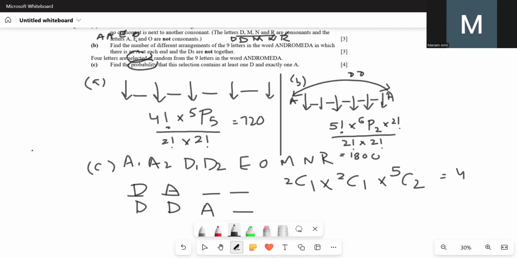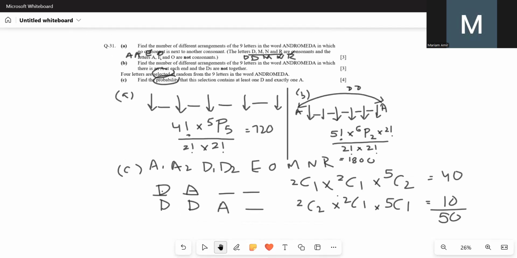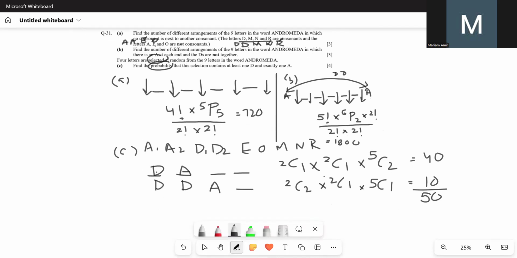This gives us 40. Next is 2C2 for these two D's, then 2C1 for the A, and then 5C1 for the other letter, which gives us 10. So that would give us a sum of 50. Now 50 is the favorable outcome, the numerator of the probability.